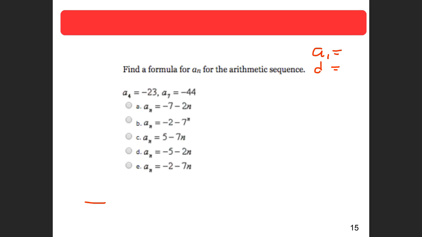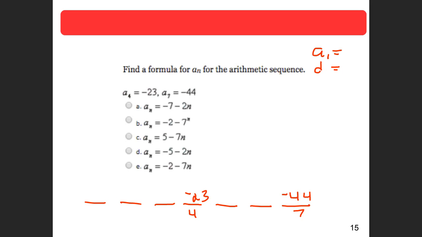Okay, so 1, 2, 3, 4, 5, 6, 7. We have the fourth term, so we know this term is -23. We also have the seventh term, 5, 6, 7. It's -44. So this is the fourth term, and this is the seventh term. So how do we get the d value? It's fairly easy.